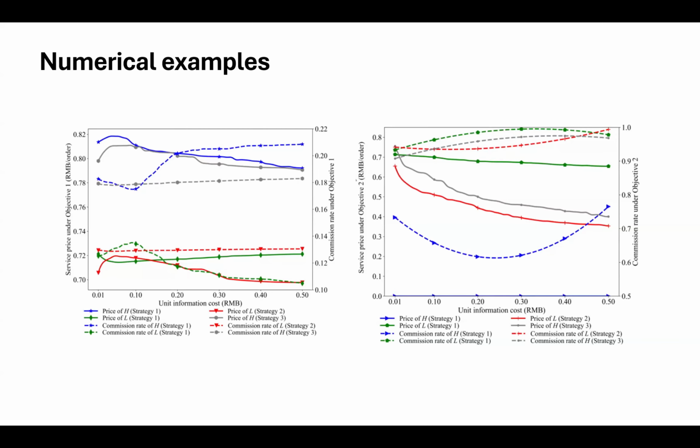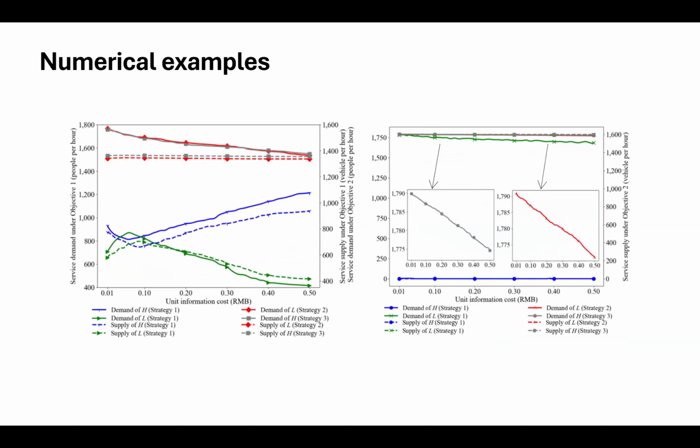system. Under objective 1, as shown in the left figure, the supply and demand dynamics vary significantly with increasing unit information cost. Under strategy 1, supply and demand for high survey decline, then rise, while for low survey they rise, then decline.